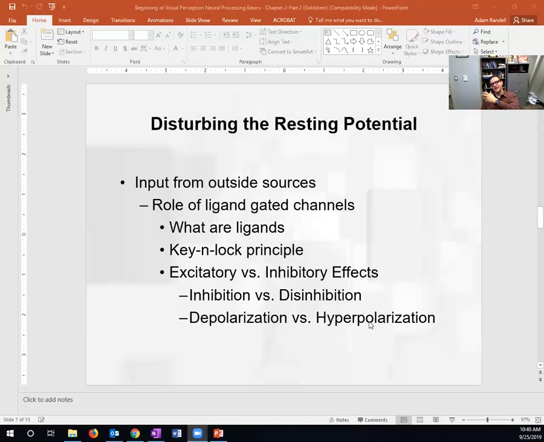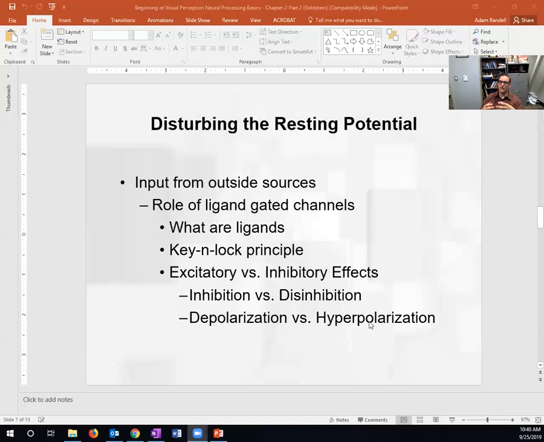Other channels might let negatively charged ions in, or positively charged ions out. In effect, when sodium or other charged ions move across the membrane, if that movement makes the inside less negative, that's a depolarizing effect. If it makes the inside more negative, that's a hyperpolarizing effect.